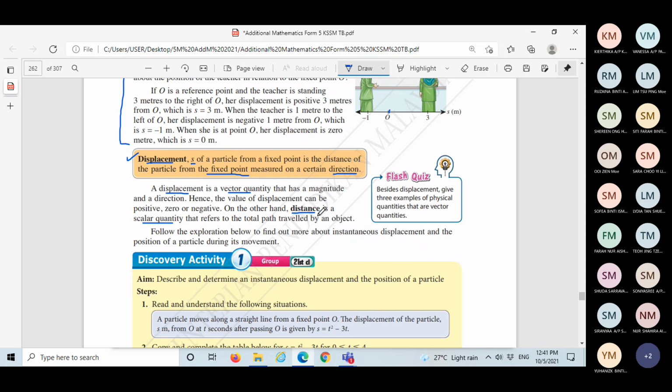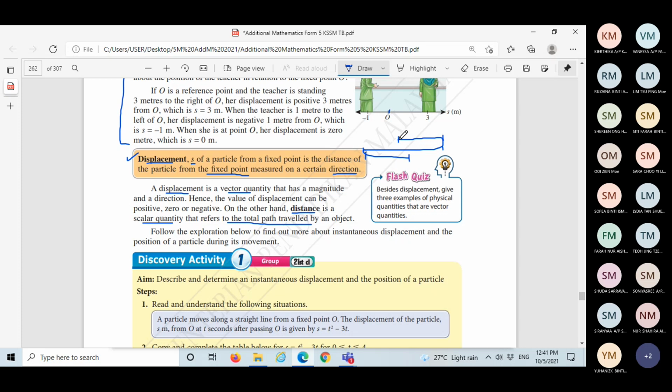Distance means we don't care whether it is on the left or on the right, and usually distance refers to the total path travelled. It goes here, then here, then here; you measure each distance and total them up. The distance refers to this.